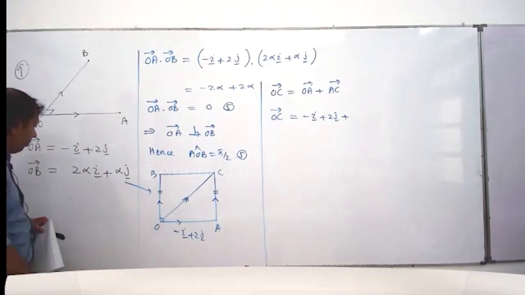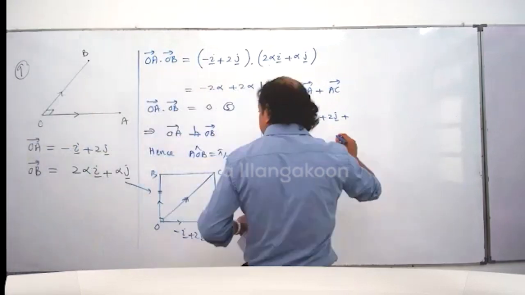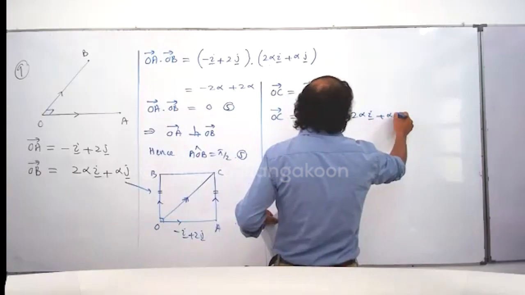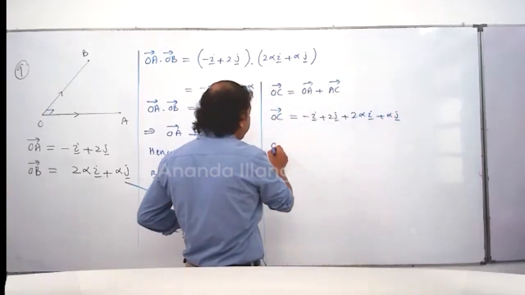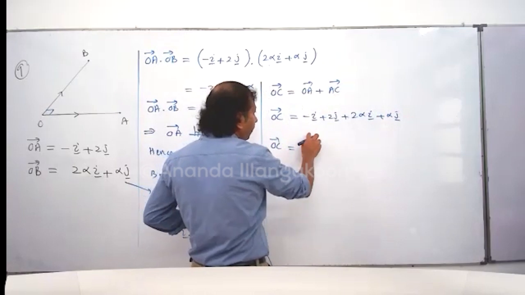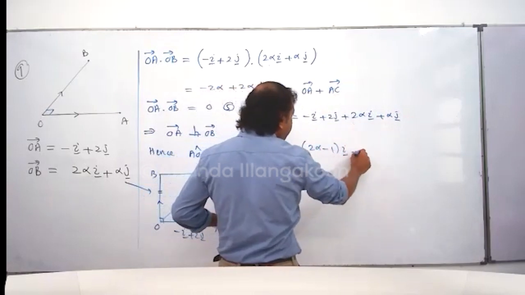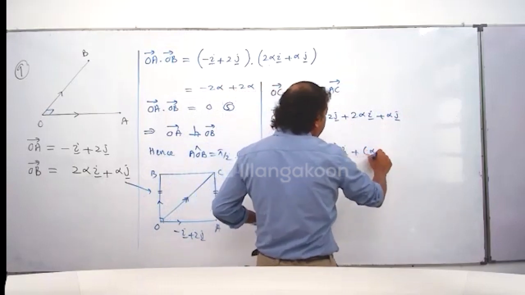This is 2 alpha i plus alpha j. Take this i out: 2 alpha minus 1 times i. Here take this j out: alpha plus 2.